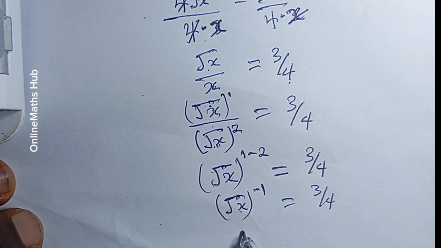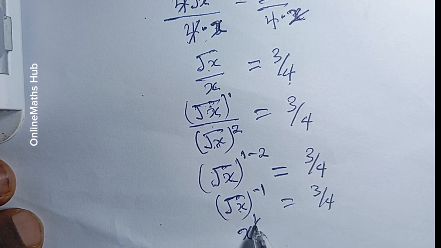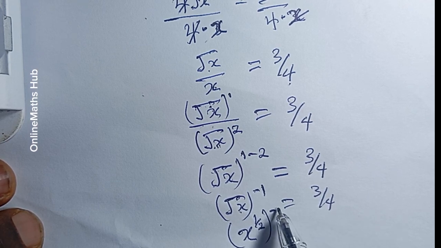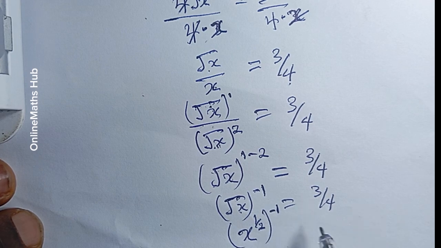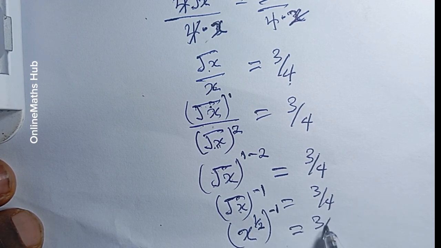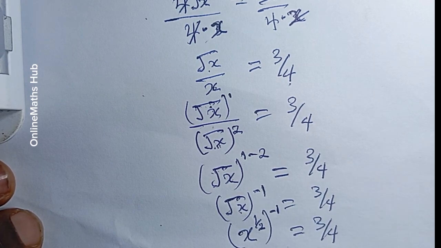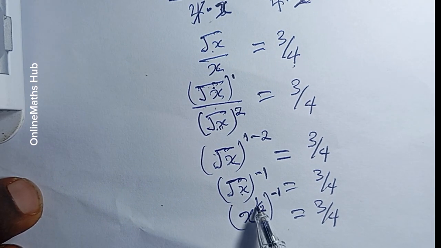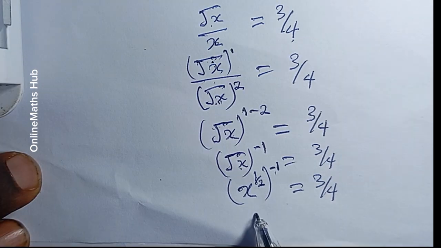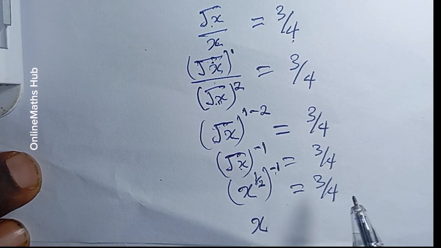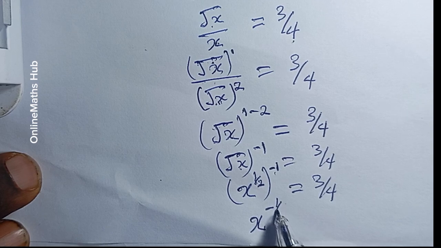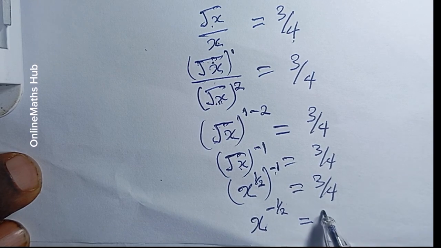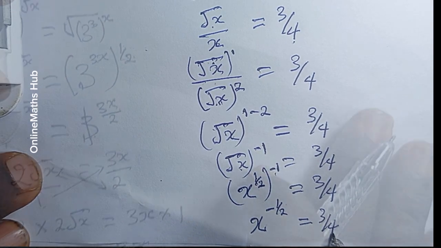I can actually write this root x as x power 1 over 2, all raised to power negative 1, is equal to 3 divided by 4. So what I'm going to be having is, we'll have to multiply this minus 1, so I will have x power minus 1 over 2 is equal to 3 over 4.